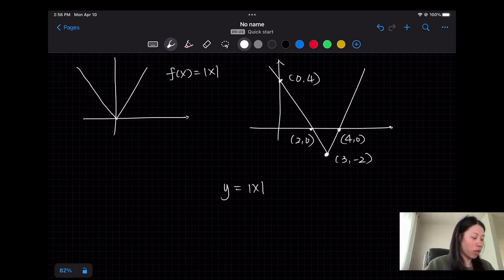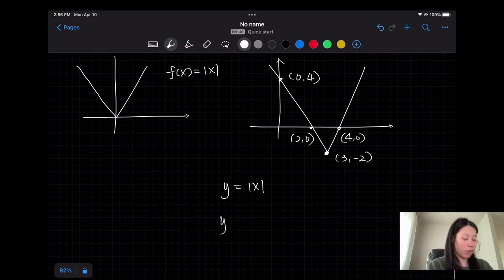First of all, the vertex shifted to the right 3 units and down 2 units. So the basic one we have should be x minus 3, which means shift to the right, and the -2 means shift down.